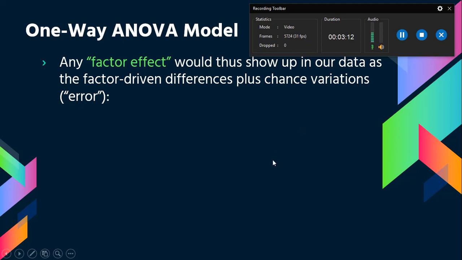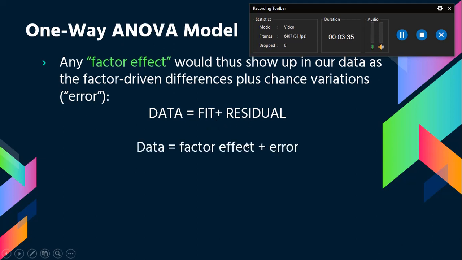So when we set up the model, we have what's called a factor effect. So this would be the differences between the different areas of interest. So again, maybe the sophomores eat less lunch than the seniors, or something to that effect. We've seen this model before: data equals fit plus residual. When it pertains to the one-way ANOVA, the factor effect is the fit.